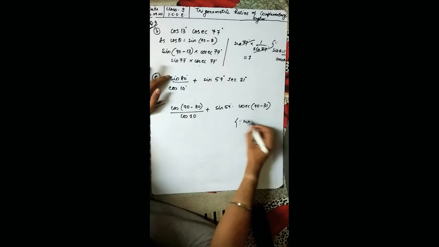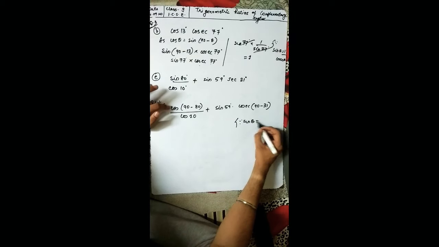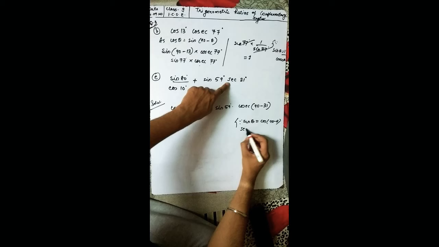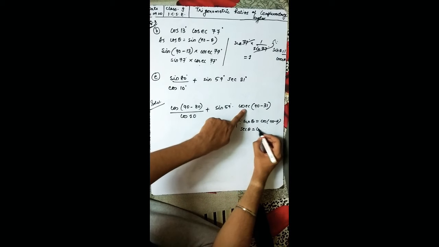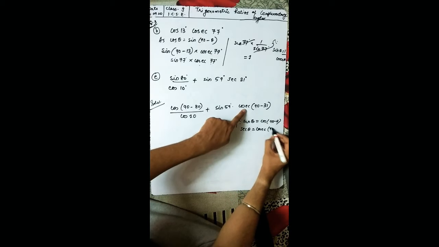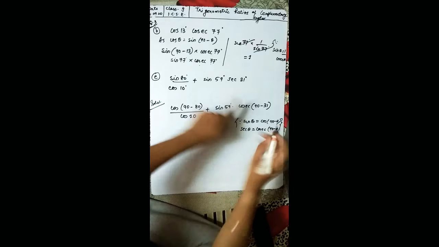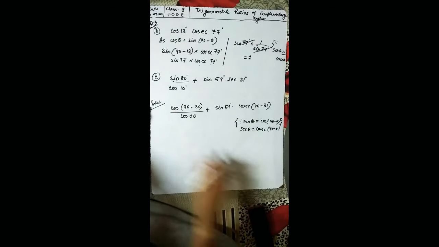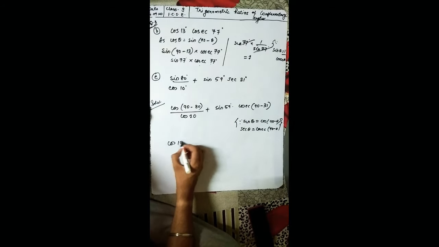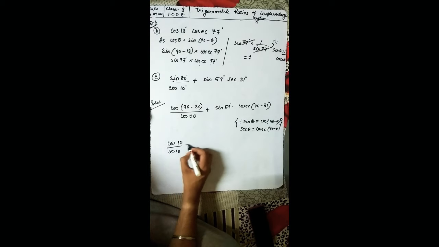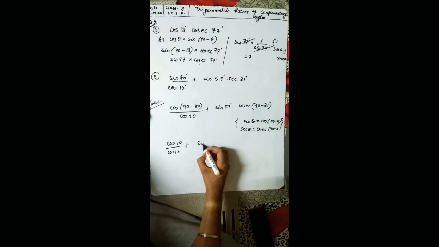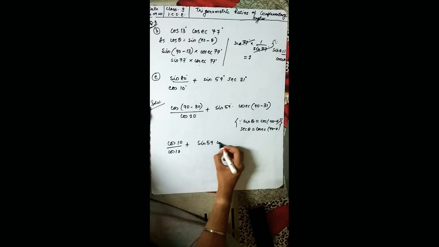Sin theta, first of all, we change to cos 90 minus theta. And sec theta, we changed into cosec 90 minus theta. Mention all the things which you have converted. This will give you cos 10 upon cos 10, plus this will give you cosec 59 by cosec 59.